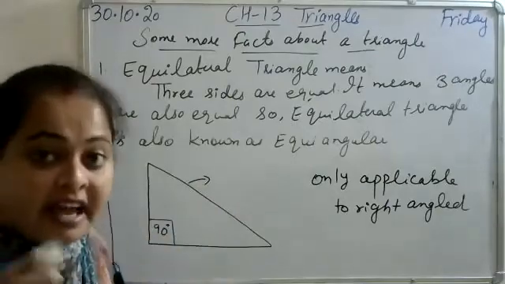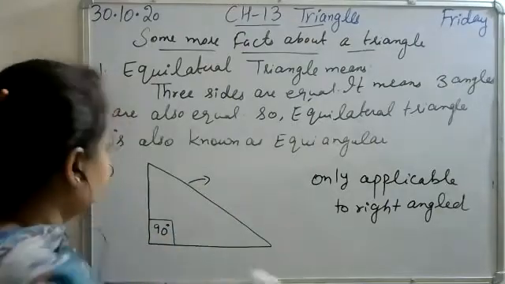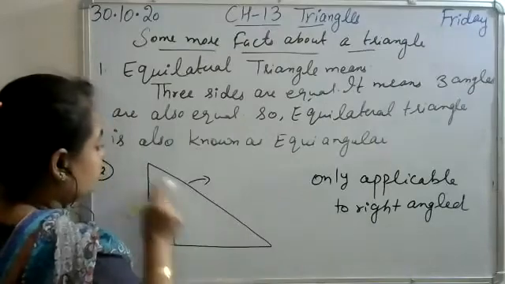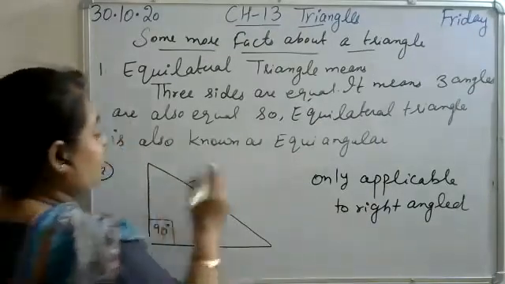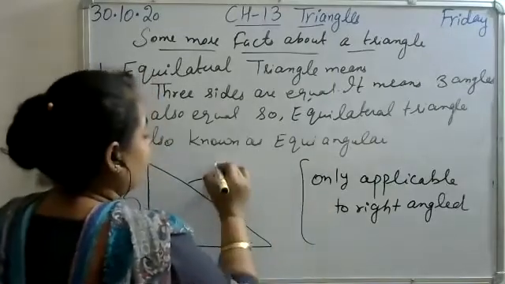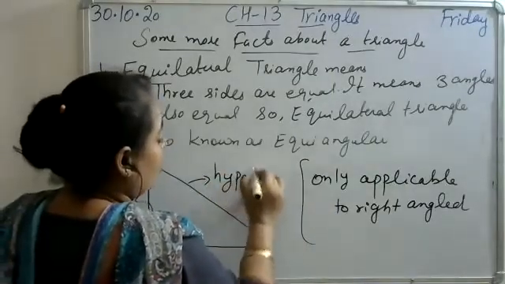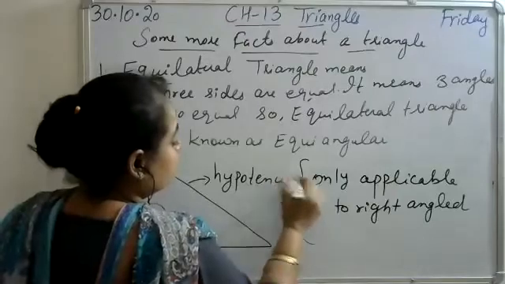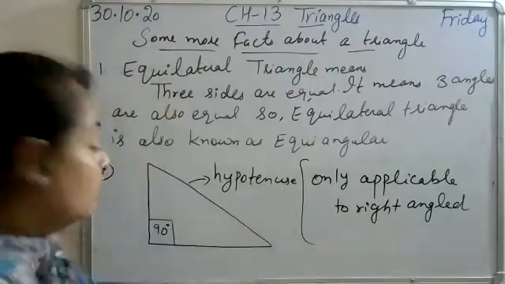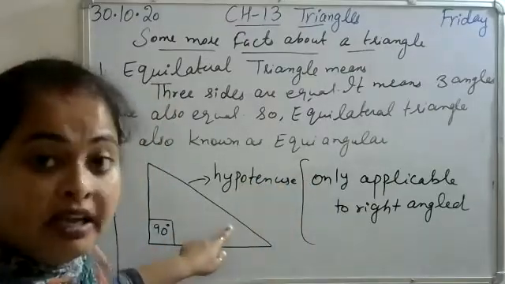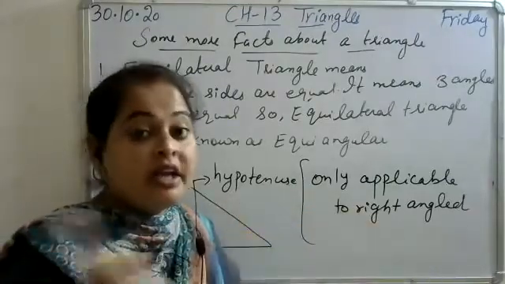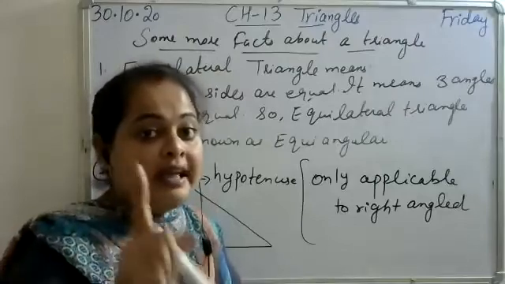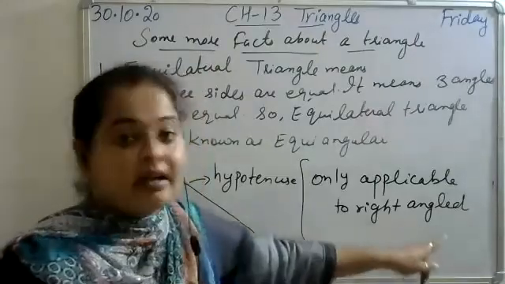In a right angled triangle, this side is written by one special name, and the special name is hypotenuse. Hypotenuse. And this is the name only in case of right angled triangle, not in any other triangle.